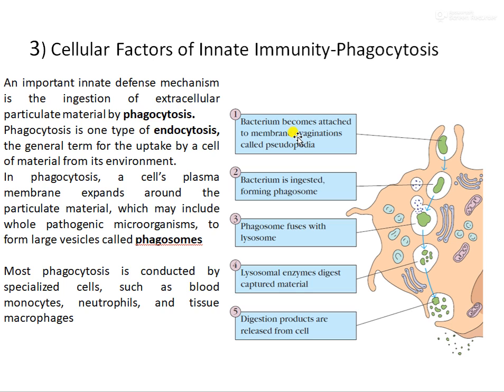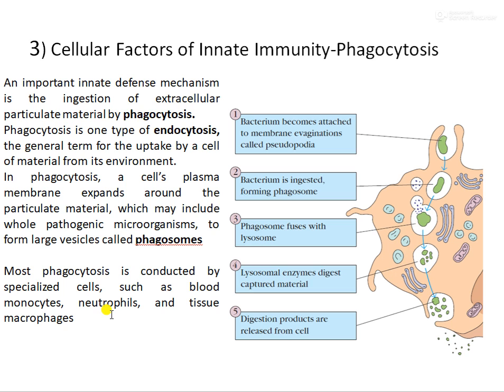Here the bacterium becomes attached to the membrane evaginations called the pseudopodia of the phagocytic cell, and it gets ingested. Within the cell it combines with the lysosome to form the phagolysosome, and the lysosome degrades it with its enzymes and the digestive products are left out.